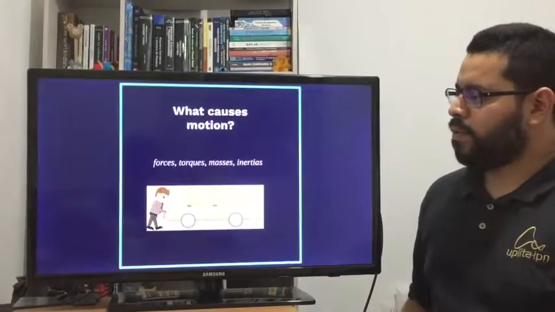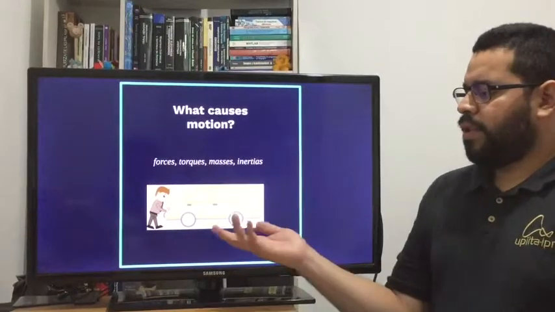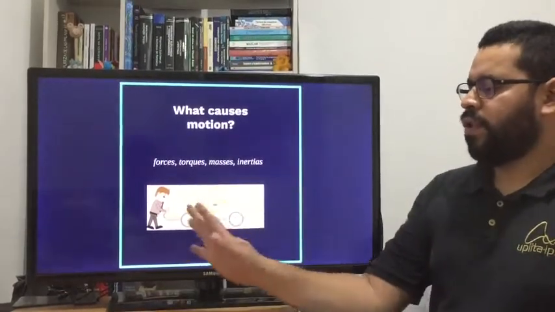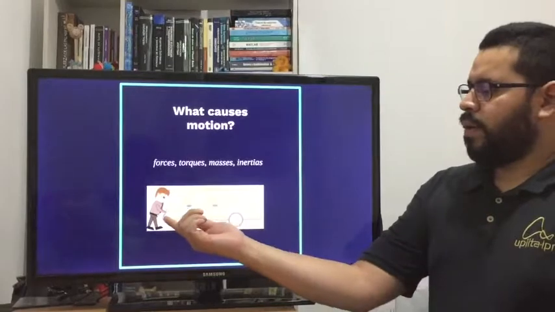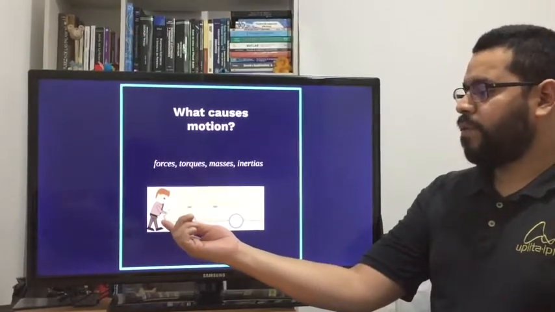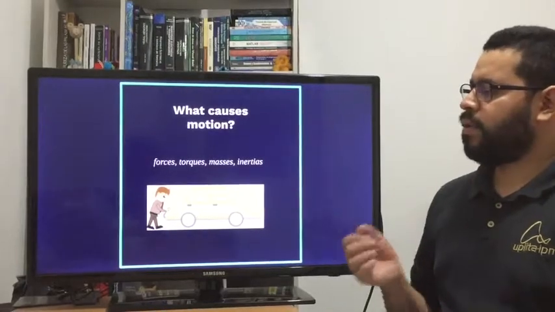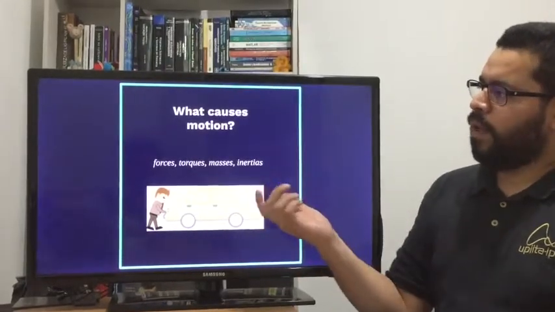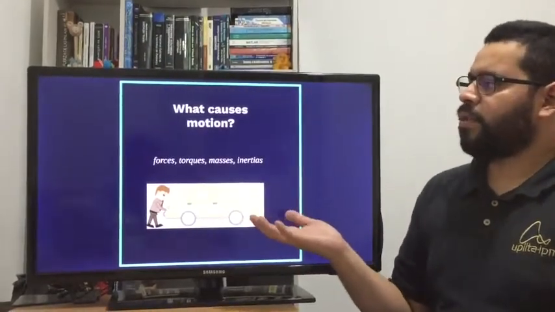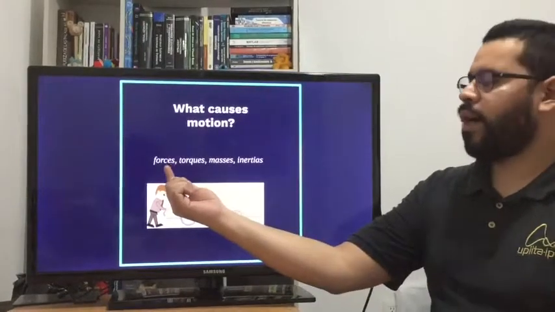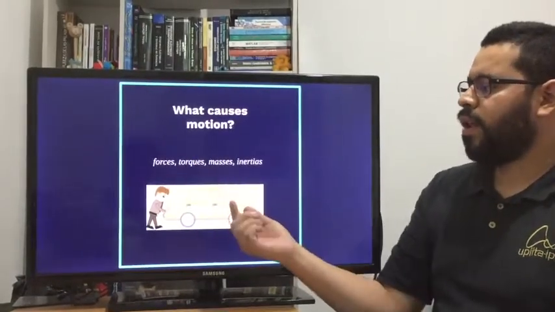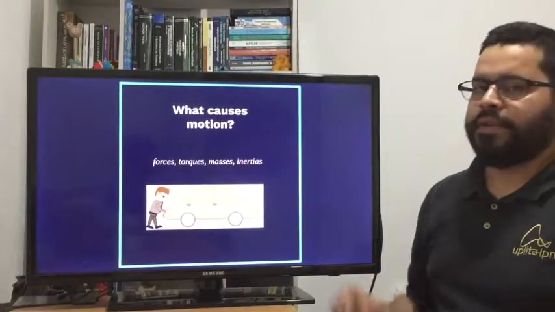So what causes motion? In this image, we can see a person pushing a car. He's applying a force to the car and expecting the car to move to this side. The causes of motion are related to the forces, the torques, and somehow the masses and the inertias.